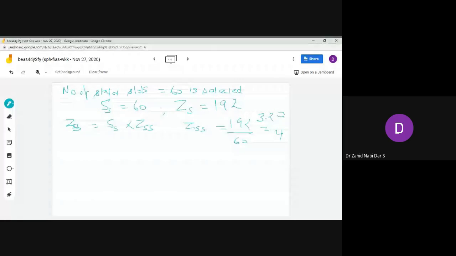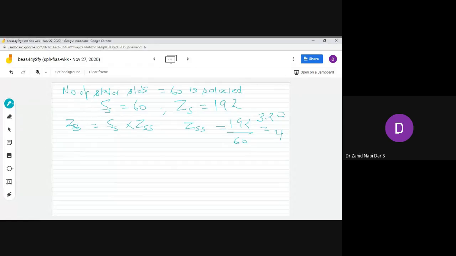Now if you want to calculate the value of ZS on this basis, note that the ZS value of 192 you got from 6 times the TS value.